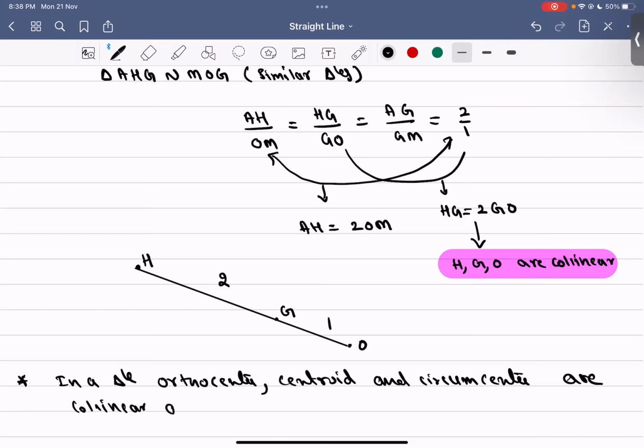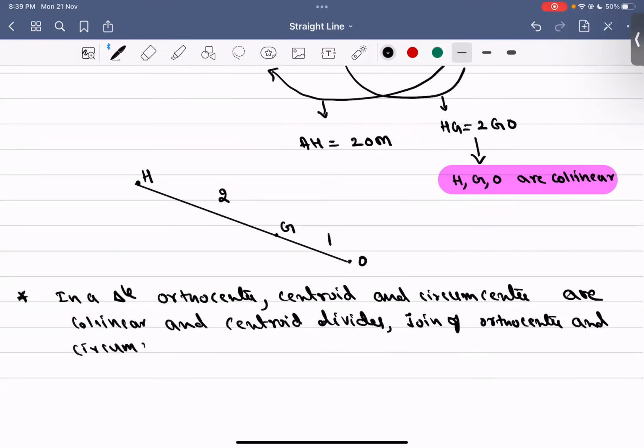And the centroid divides the join of orthocenter and circumcenter in the ratio 2:1 internally. So this is one result.